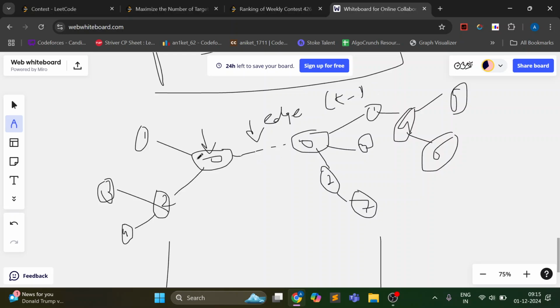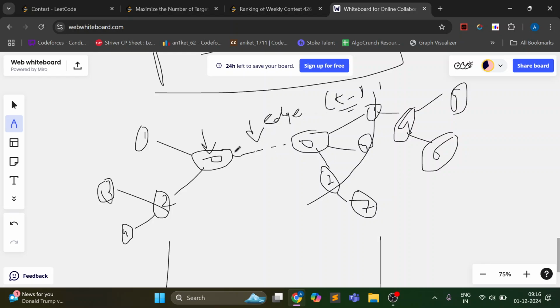So for 0, if you are connecting 0 of the secondary, from that secondary's root, so from 0, all the nodes which are at level less than or equal to k minus 1. Here k was 2, so k minus 1 would become 1, and so this subtree 0, 1, 3, 2, these four nodes will contribute to 0.